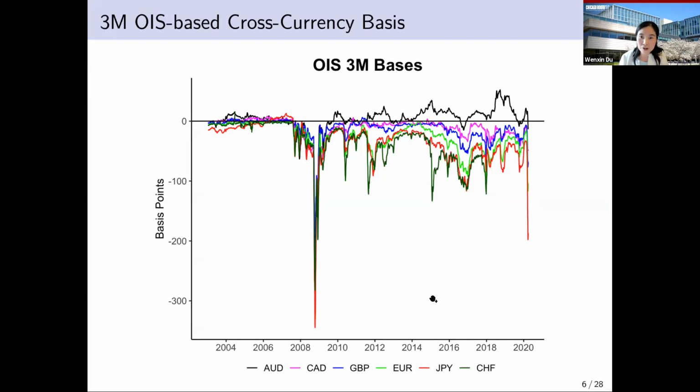So for these high interest rate currencies, the cross-currency basis is positive, meaning that the direct dollar interest rate is higher than the synthetic dollar interest rate, okay? So if you swap Australian dollar interest rate into US dollar, that rate, at least based on these benchmark rates, turned out to be lower than the corresponding US dollar benchmark, all right?